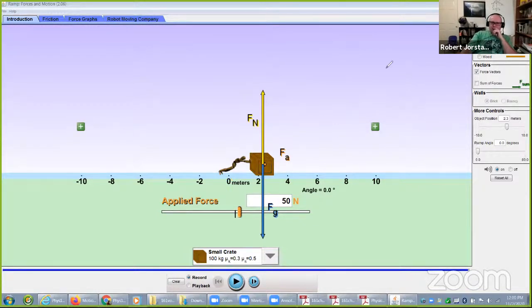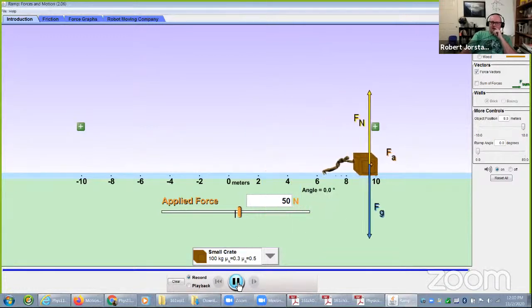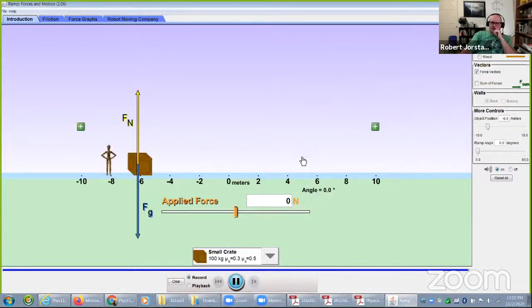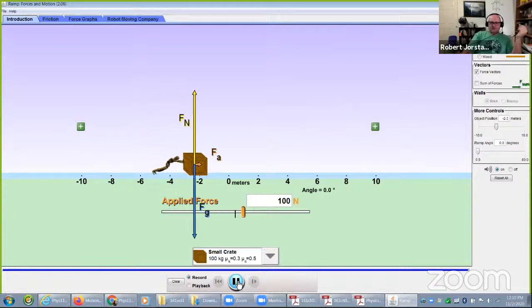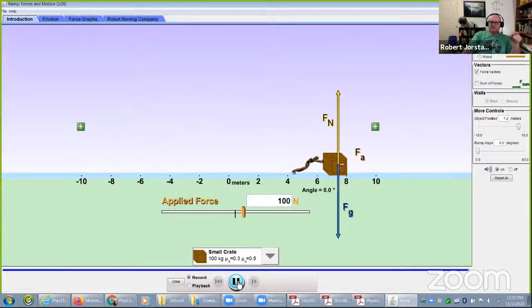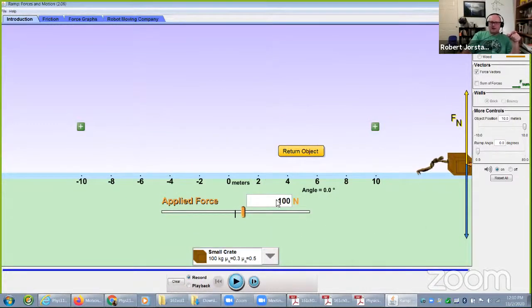So in this case, let me clear that out. I'm going to keep playing this one. Notice the box keeps moving faster and faster. Let's go back here. Let's try this thing with 100 newtons. And so think to yourself, what should be happening? Should it accelerate at the same rate or faster? Notice it's not just moving to the right, it's accelerating to the right. Let's jack this up even more.